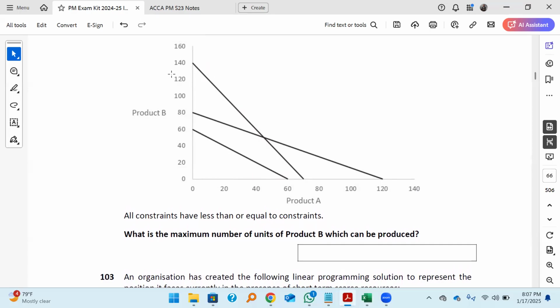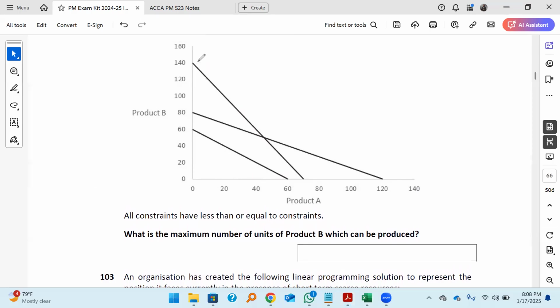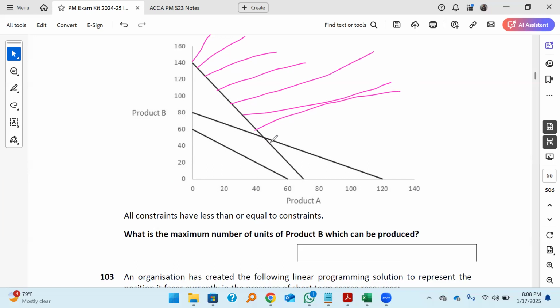Now, if you are doing this on a piece of paper, we shade the unwanted region. Because they all have less than or equal signs, the part that we want is the interior part.